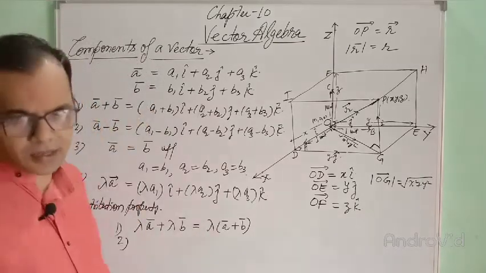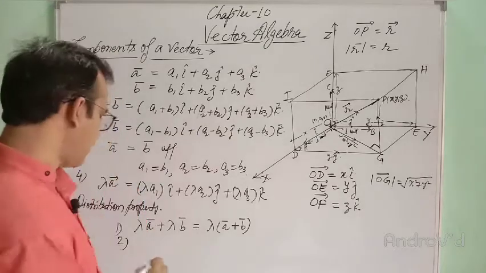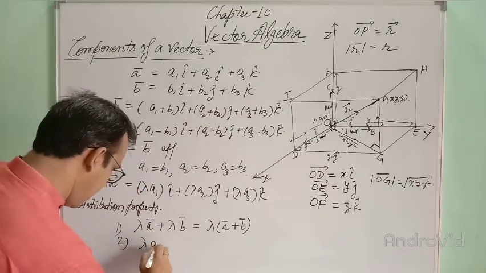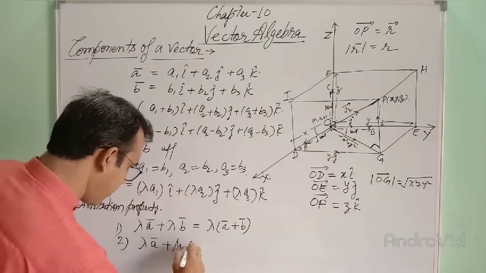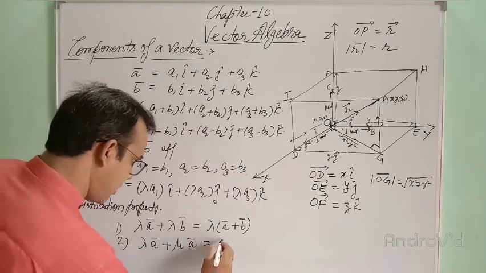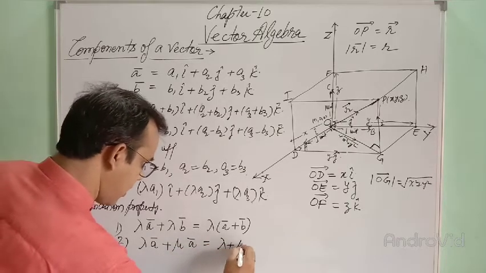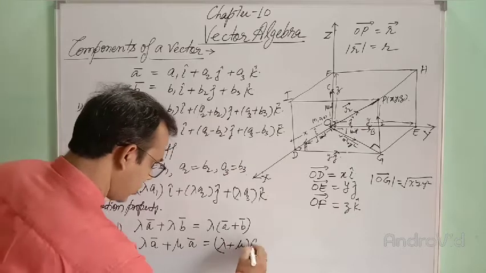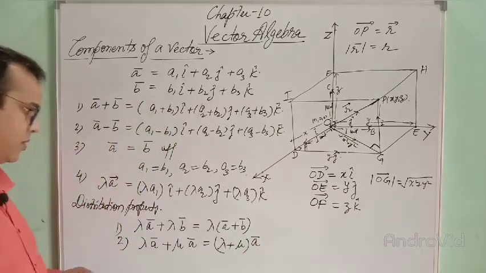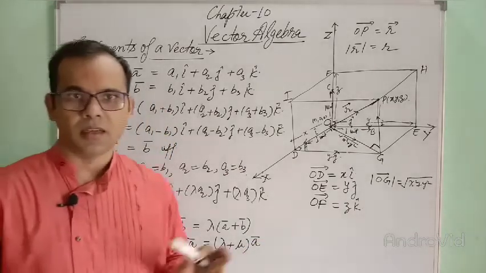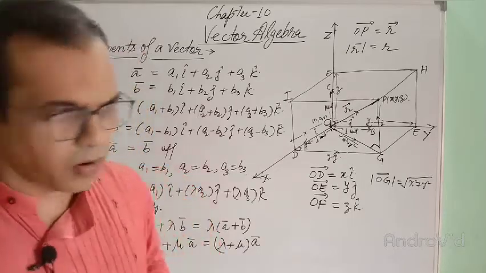Now the second case, if there are two scalars lambda and mu, so lambda a vector plus mu a vector is there, then the a vector may be taken common and you will have this relation: lambda plus mu a vector. Clear? This is the distribution property.